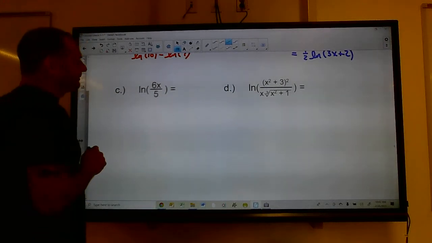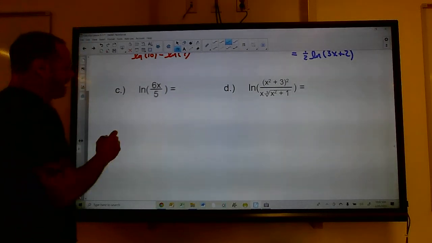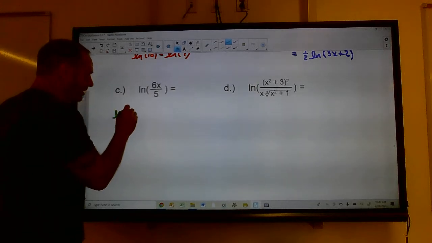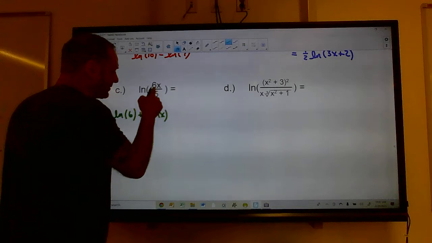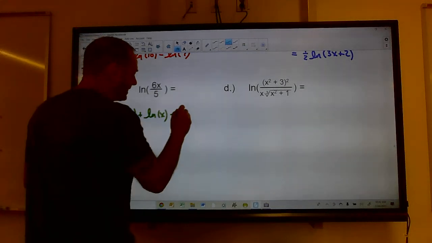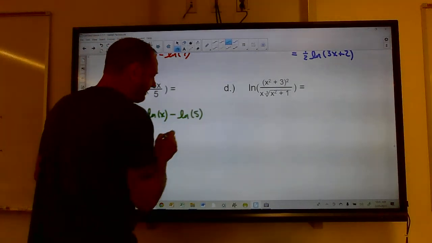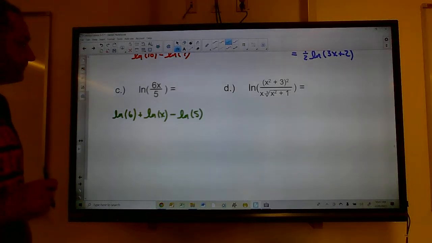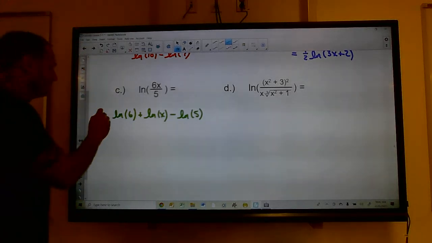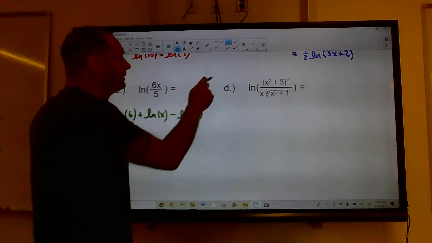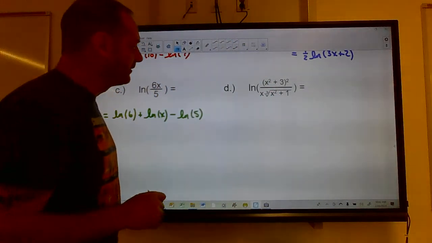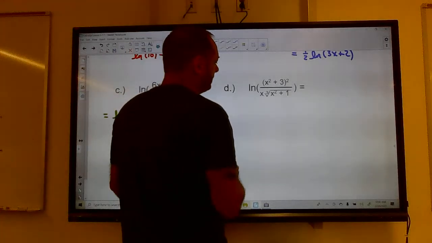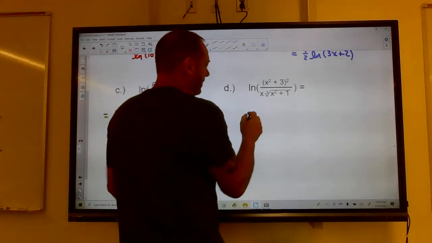Okay, the natural log of 6x divided by 5. This is going to be the natural log of 6 plus the natural log of x, because those are being multiplied, minus the natural log of 5 that's being divided. And over here we got this really complicated one. So we can break this down.